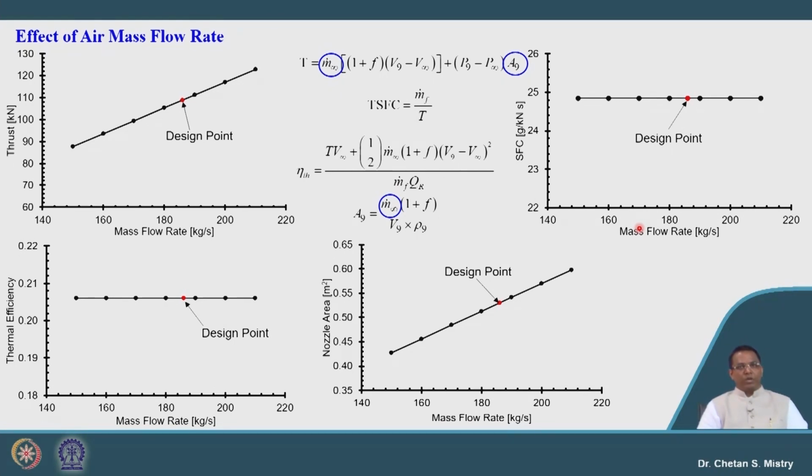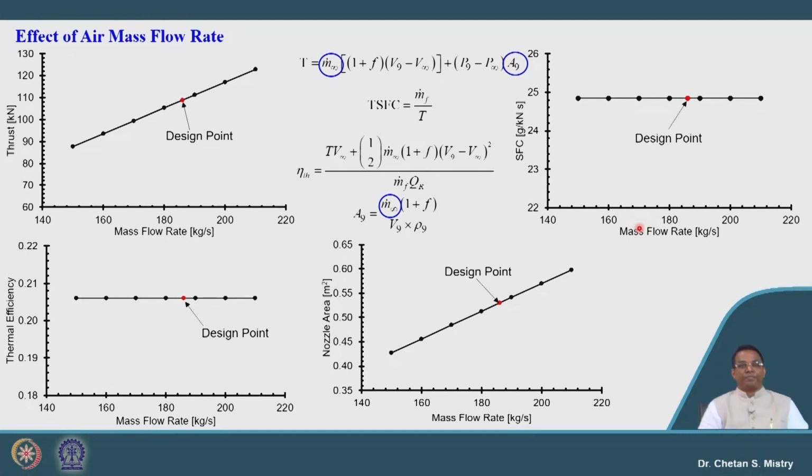So, in order to increase the thrust, we have different possibilities. One possibility is to increase your turbine entry temperature. The second possibility is to increase your mass flow rate of air. Suppose I increase the mass flow rate of the air going inside my engine, that means I need to have a larger entry diameter.